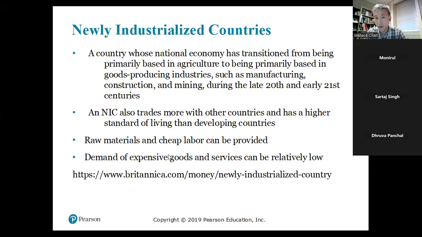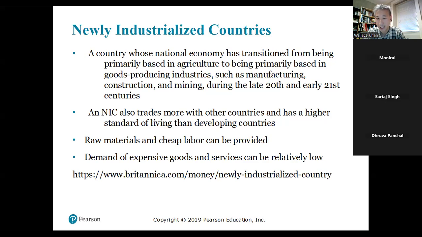Newly industrialized countries are more developed compared to the developing countries. We're talking about a country whose national economy has transitioned from being primarily based in agriculture to being primarily based in goods producing industries, such as manufacturing, construction, mining.